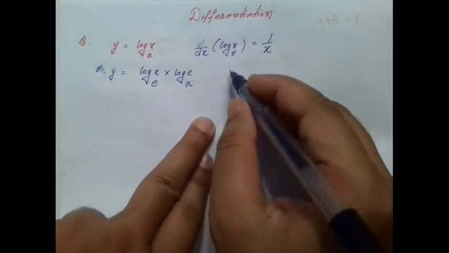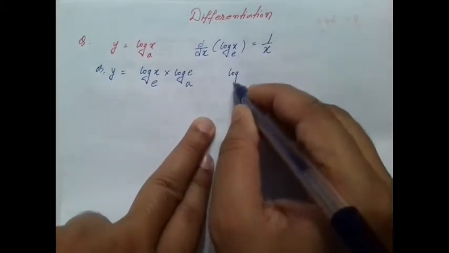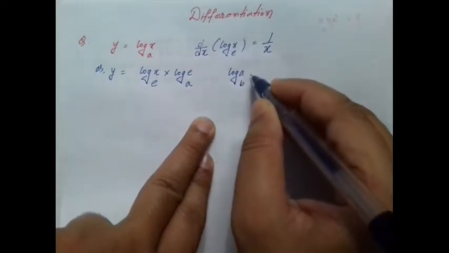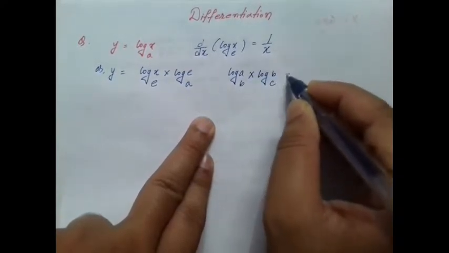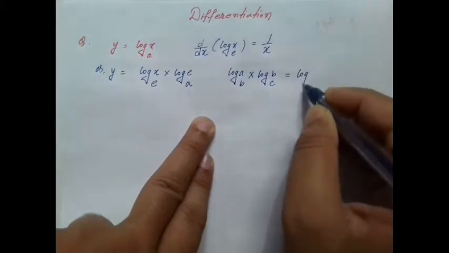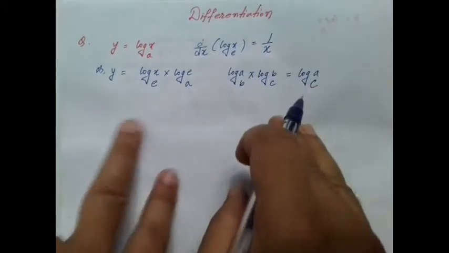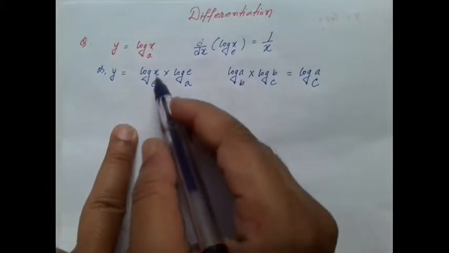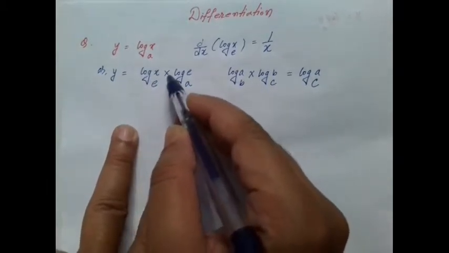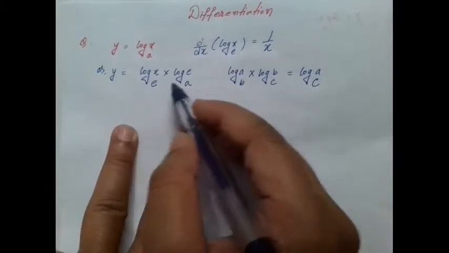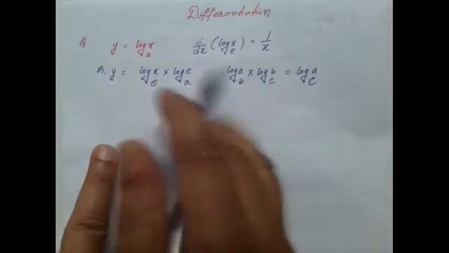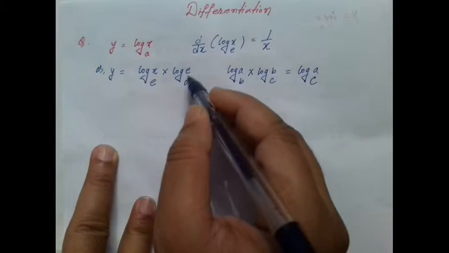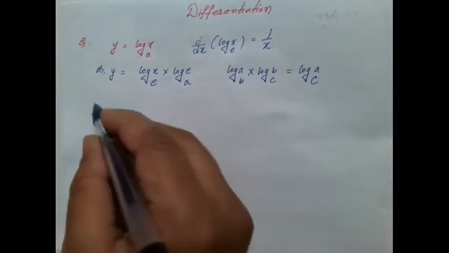As we know the formula for log, log a to the base b into log b to the base c equals log a to the base c. So by using this formula we can write log x to the base e into log e to the base a. Okay, then log e to the base a is one constant.